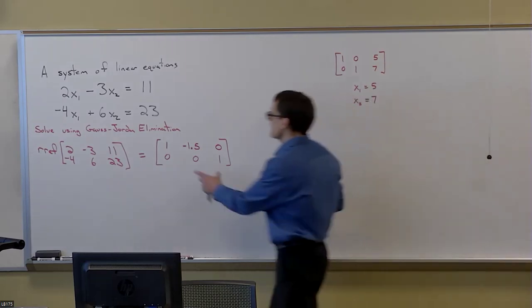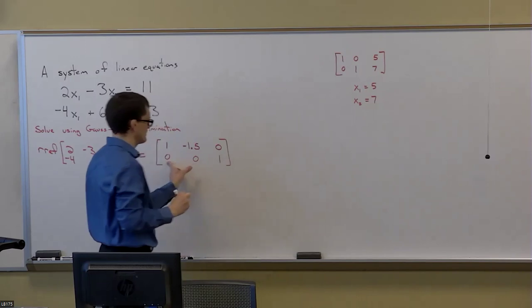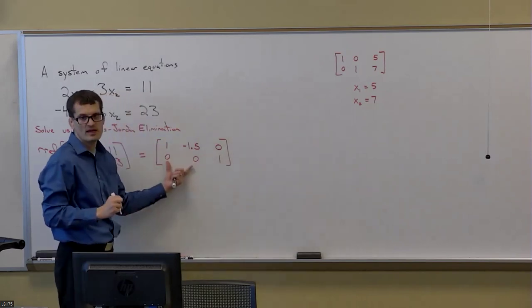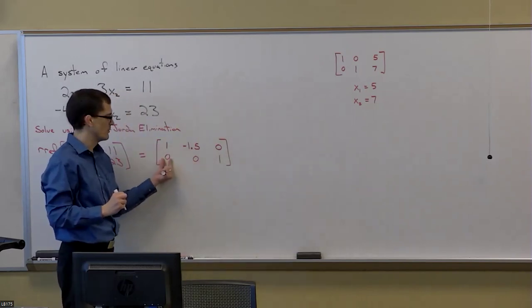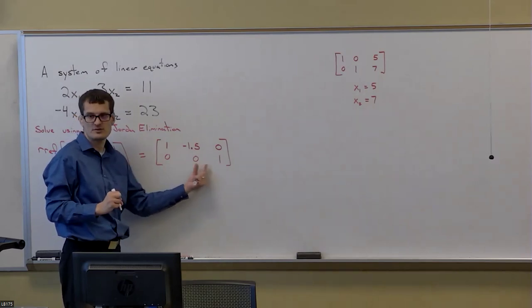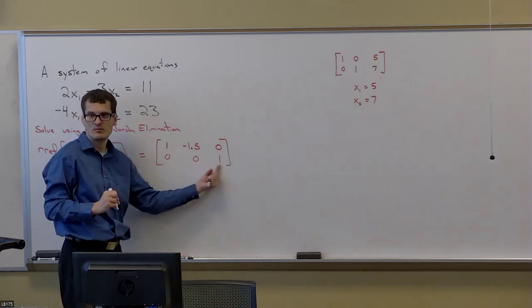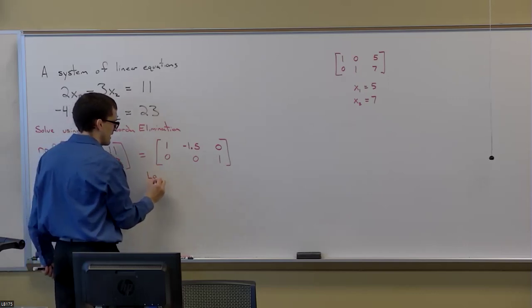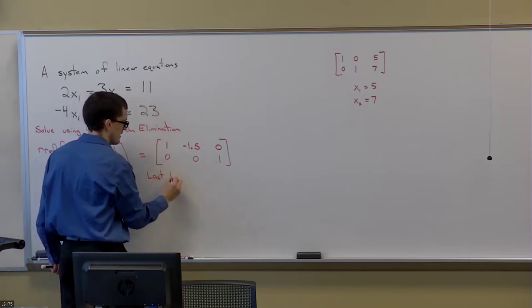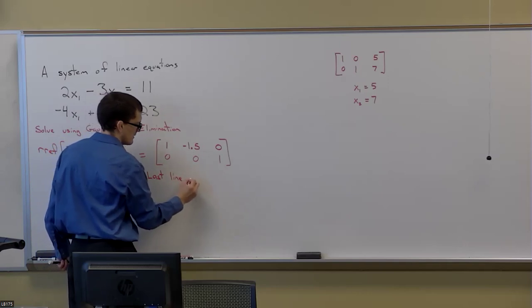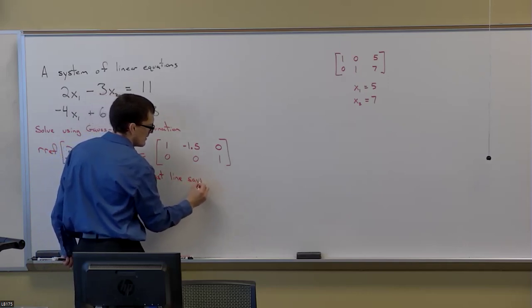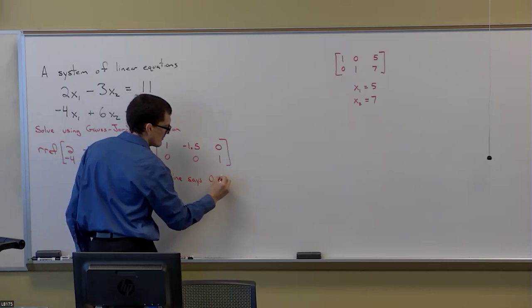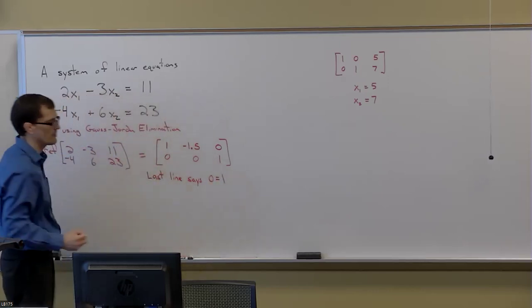If you think about what this last equation says, it says 0x1 plus 0x2 is equal to 1. So the last line says 0 equals 1.